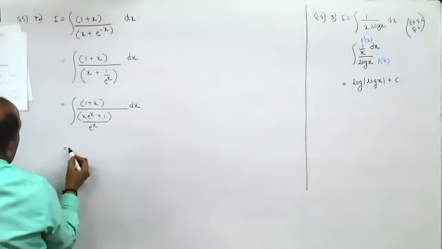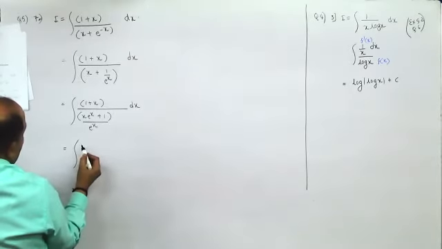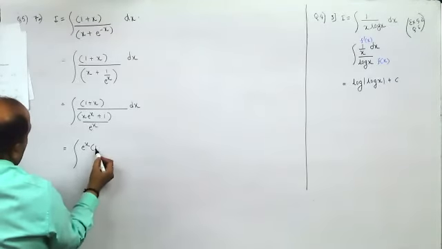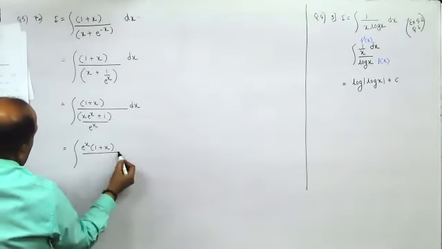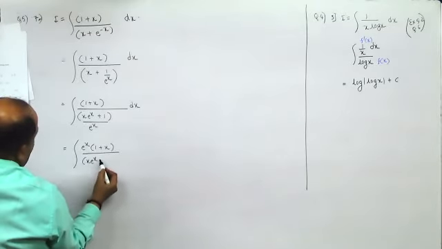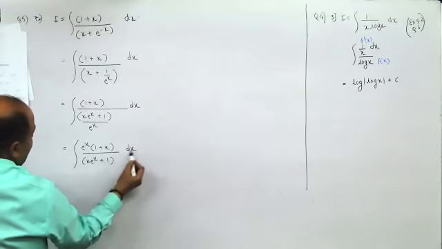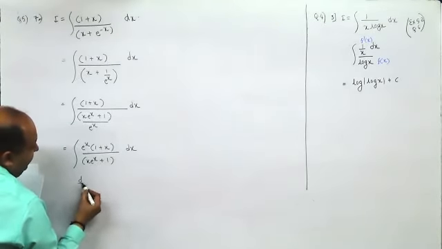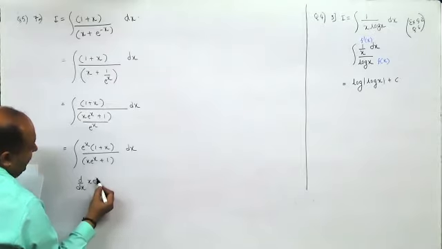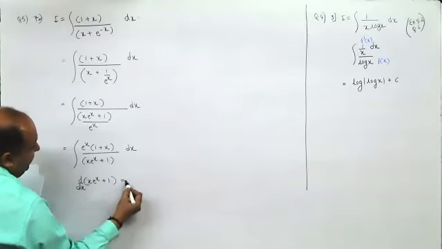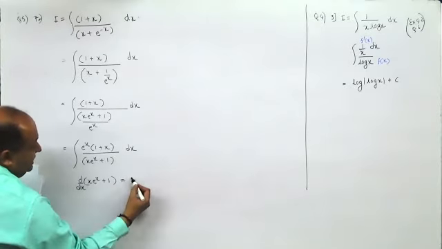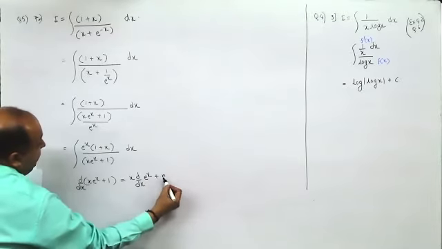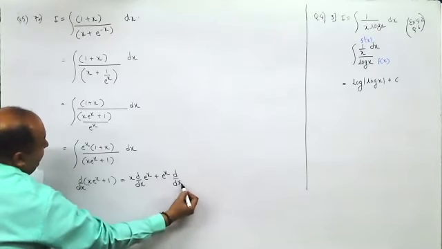This goes up, it becomes e raised to x into 1 plus x upon x e raised to x plus 1 dx. Now, if you observe here, if I take the derivative of x e raised to x plus 1, I would be getting the derivative of this plus the derivative of this. So, this would be x into the derivative of e raised to x plus e raised to x into the derivative of x.